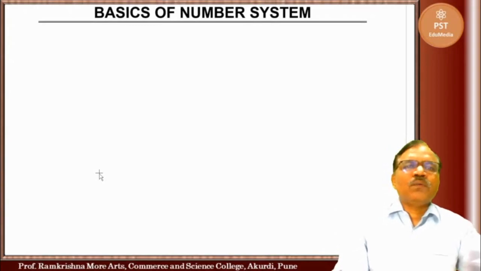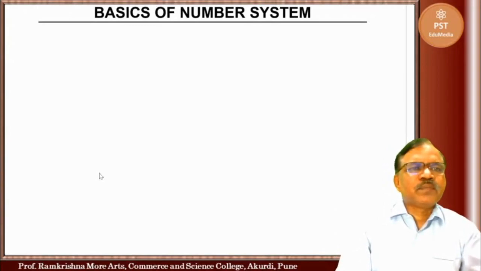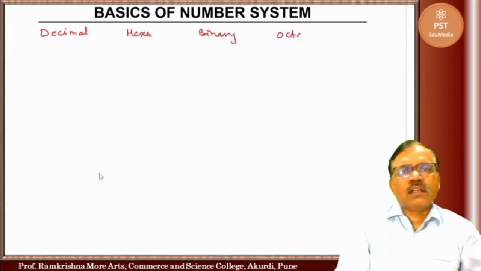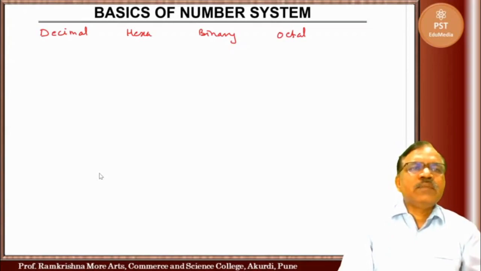Now we have four basic number systems: decimal, hexadecimal, binary, and octal. In the decimal number system we use digits from 0 to 9.